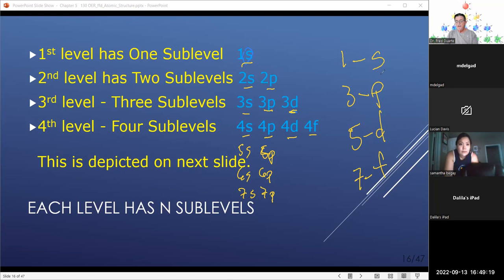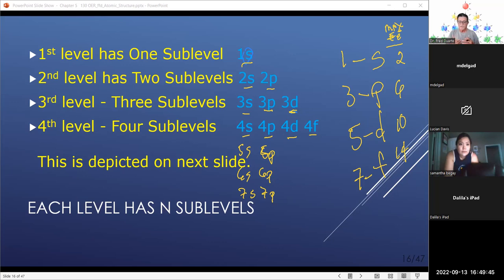Each one can handle 2 electrons. So the maximum number of electrons in each orbit type is 2 for the S, 6 for the P, because there's 3 of them with 2 in each orbit, 10 for the D, and 14 for the F. So keep that in mind.